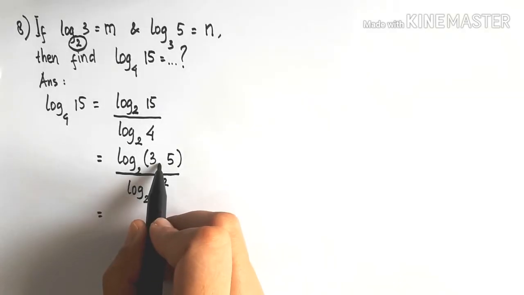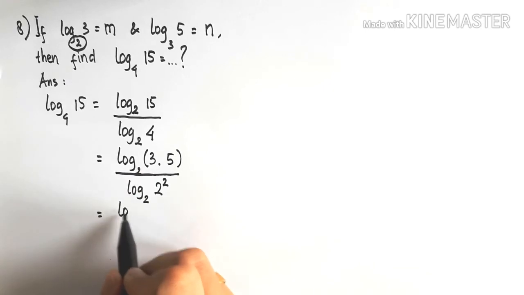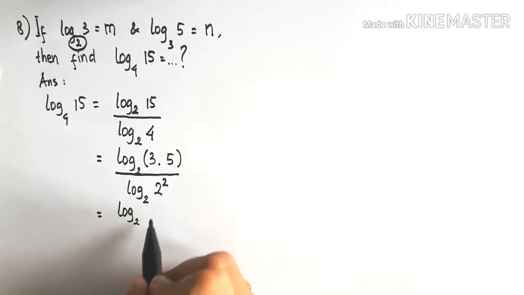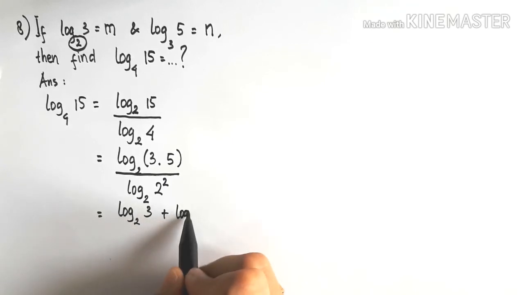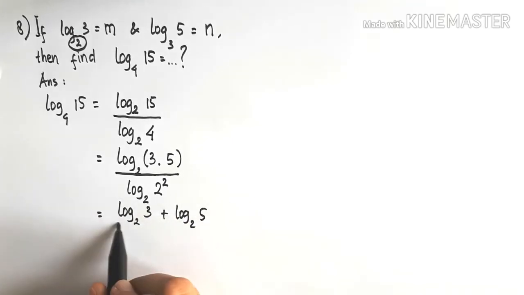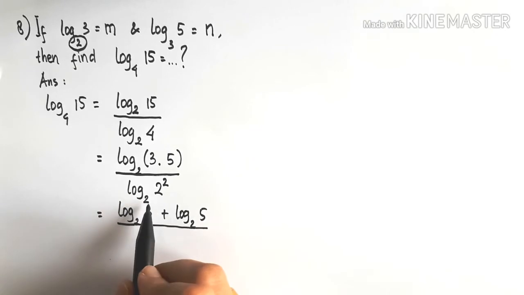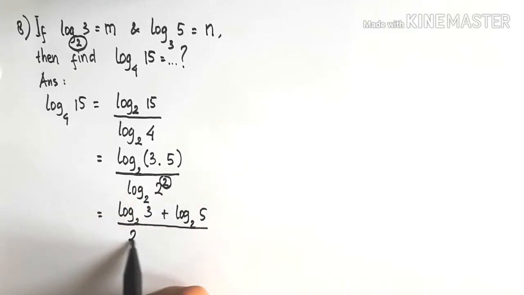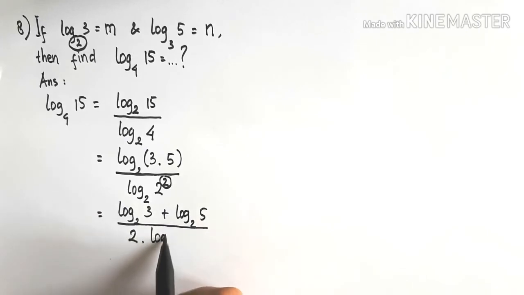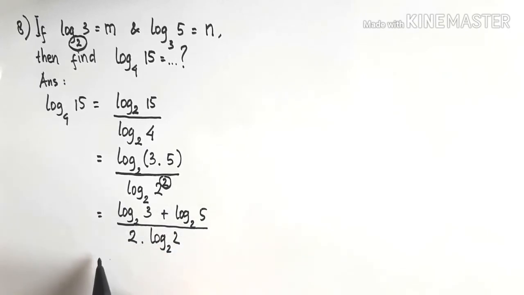Because the argument is a multiplication, we can expand into log base 2 of 3 plus log base 2 of 5, over log base 2 of 2 squared. We can move the exponent: 2 times log base 2 of 2.